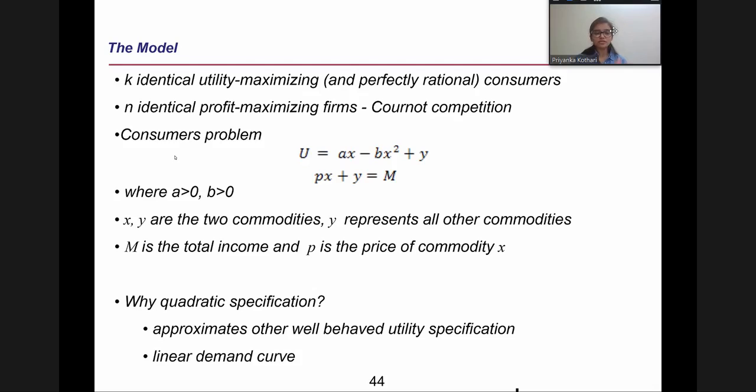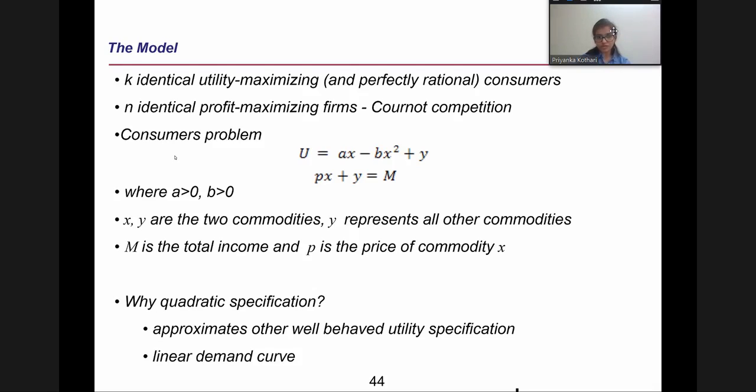And so let us go through the model. So there are K identical utility maximizing consumers, and there are n identical profit maximizing firms who engage in Cournot competition. Now, the consumer problem is given by this utility specification, and the budget constraint is this.